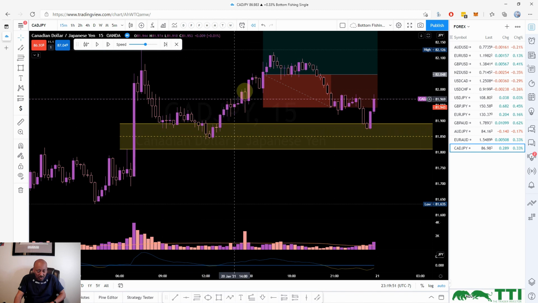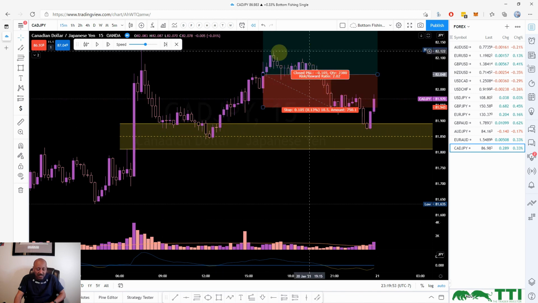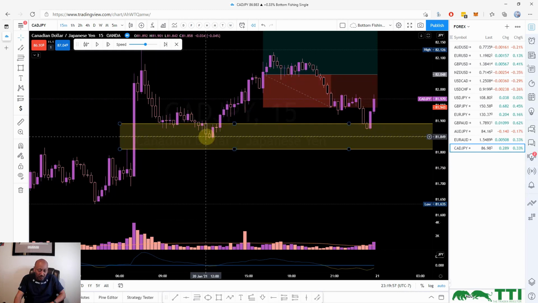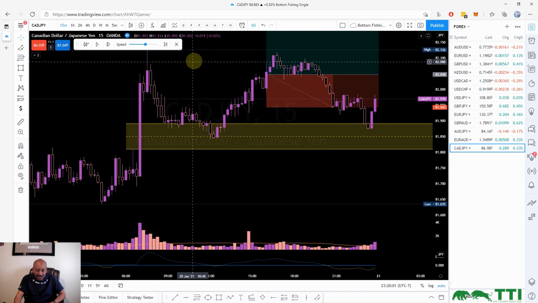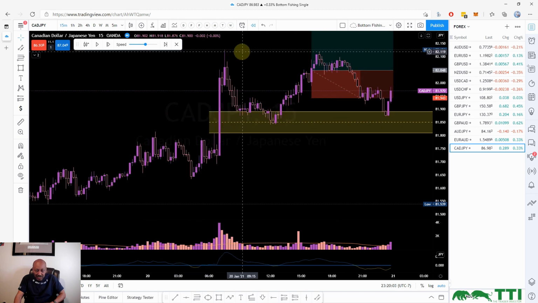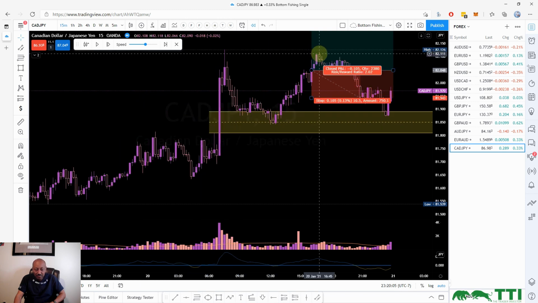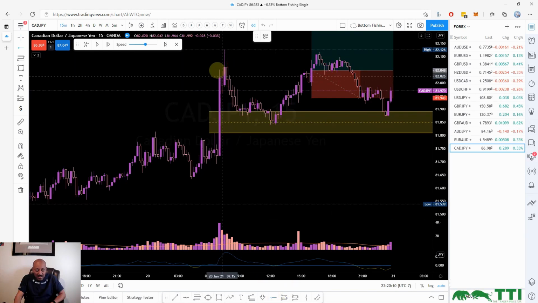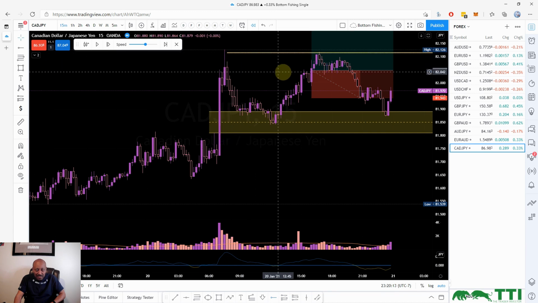It's when I'm not seeing a clean break of structure, you know, from pullback, it's not a clean break of structure, and we are at the highs here. We've made some double top, we've created liquidity. So there's a lot of things going against this trade.